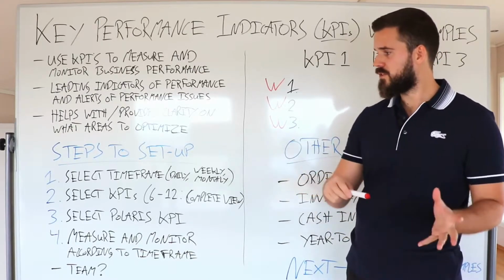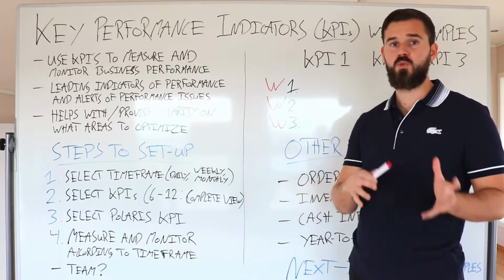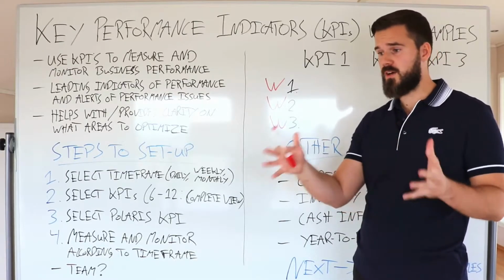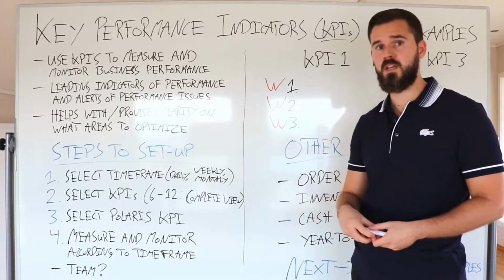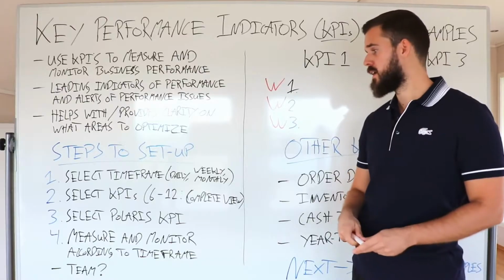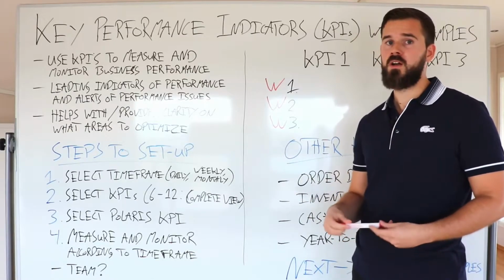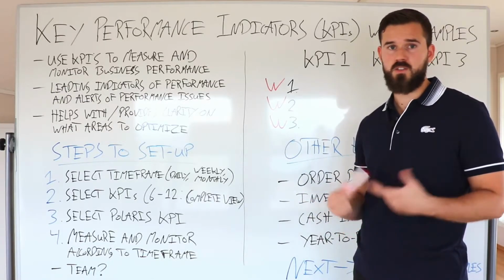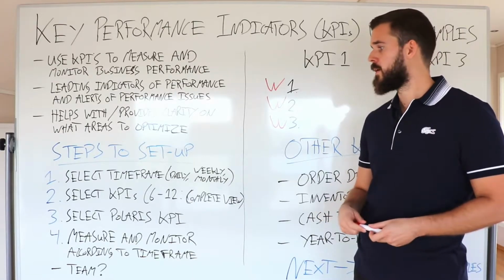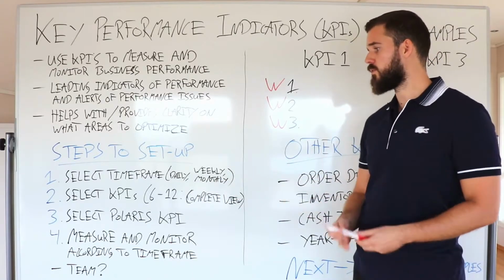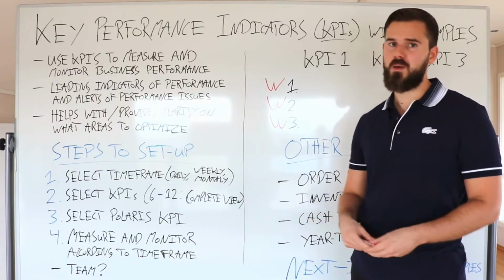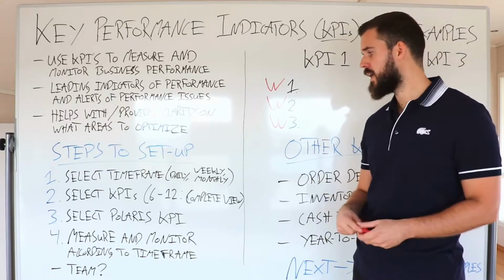If you select too few KPIs, so you don't have an insight into a key area of your business with that KPI set, that's a problem, because you're going to miss things, and that's not the purpose of this, right?